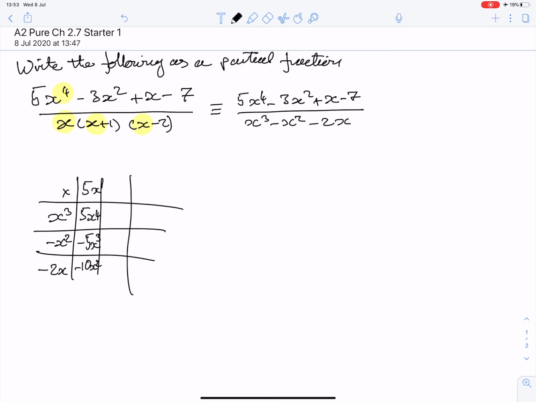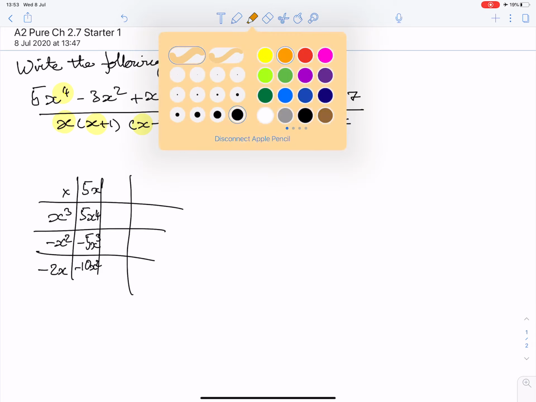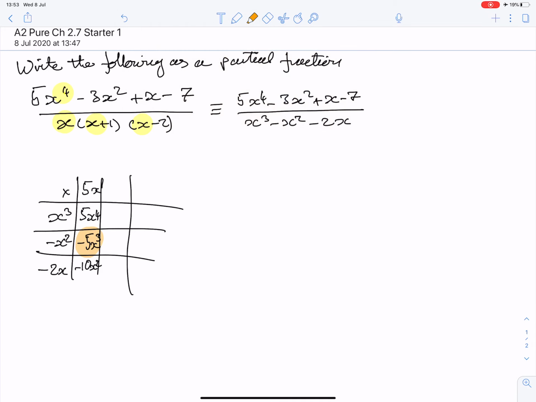So in here we've got at the moment minus 5x cubed and we don't want any x cubed, so that must be plus 5x cubed. So that gives us plus 5, minus 5x squared minus 10x. And that gives us a remainder of the following.